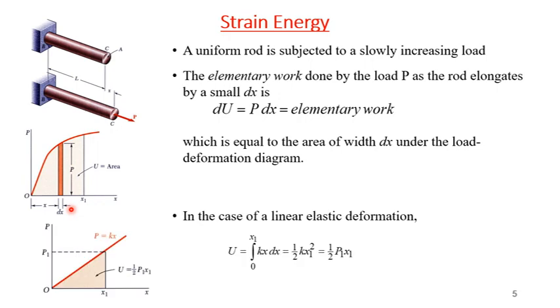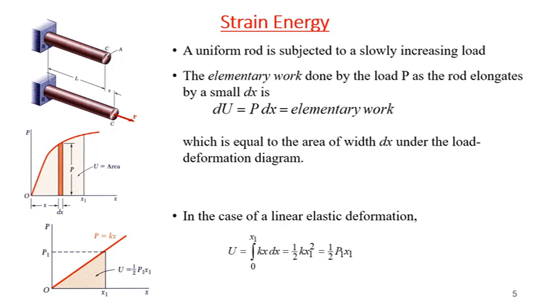Now if we limit ourselves to linear elastic deformation, it will be a straight line with elastic deformation. And if I want to find the work done up to this point, P1, by the load P1, it will be the area under the curve, and that is a triangular area. So that is 1 by 2 times P1 and x1.